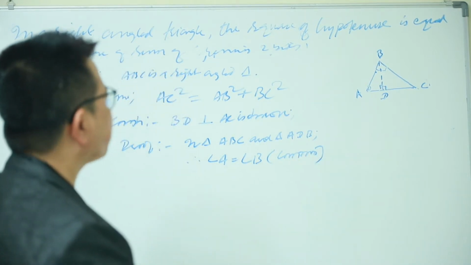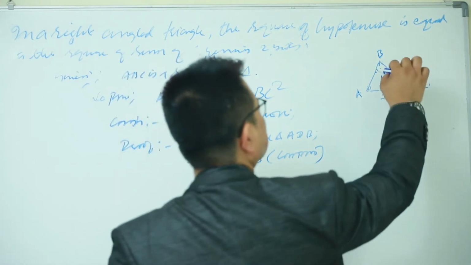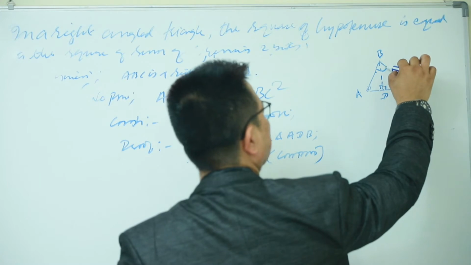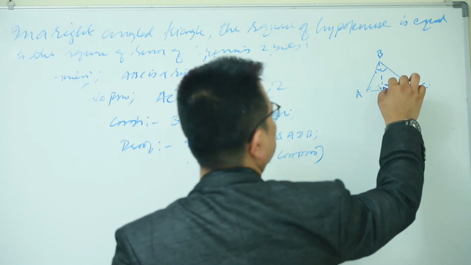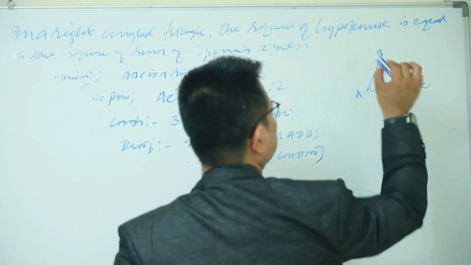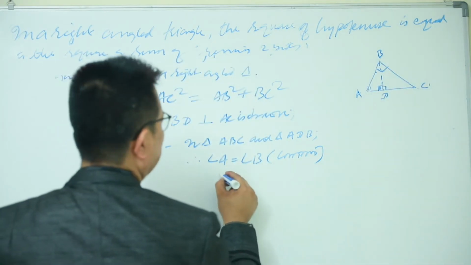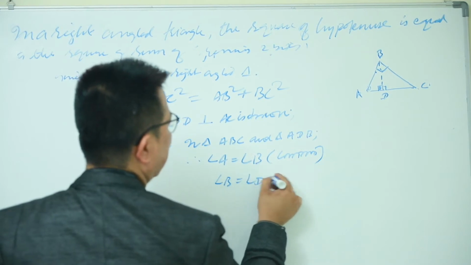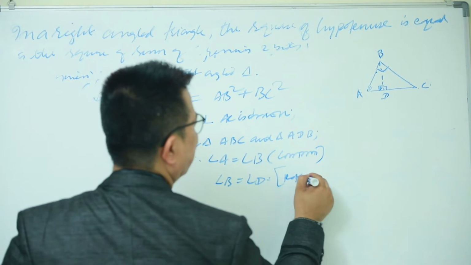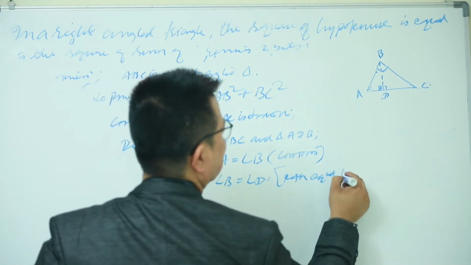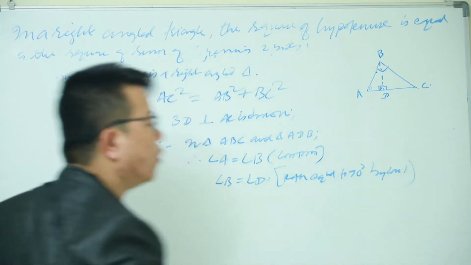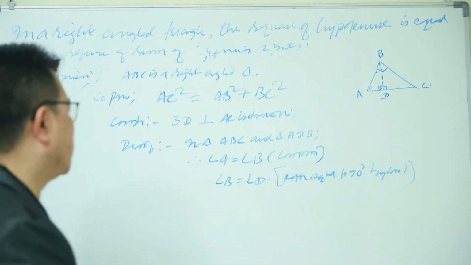And another one: this angle B is 90 degrees, and similarly this angle D is 90 degrees. So angle B is equal to angle D. The reason: both are equal to 90 degrees by construction.